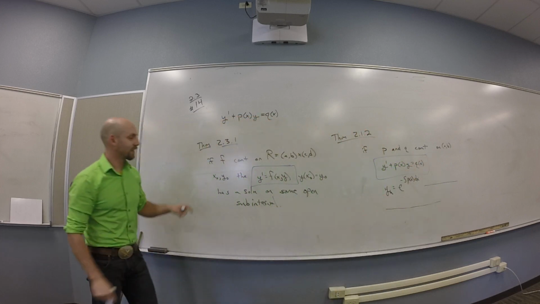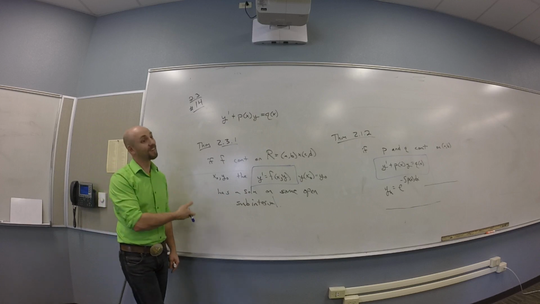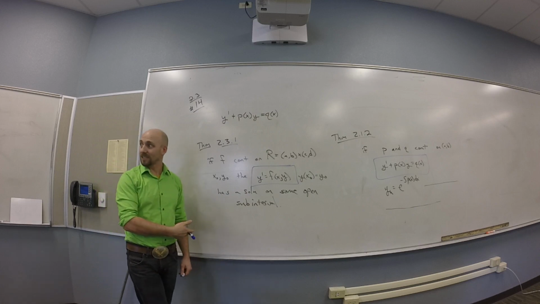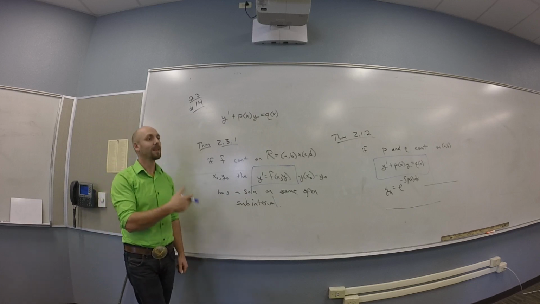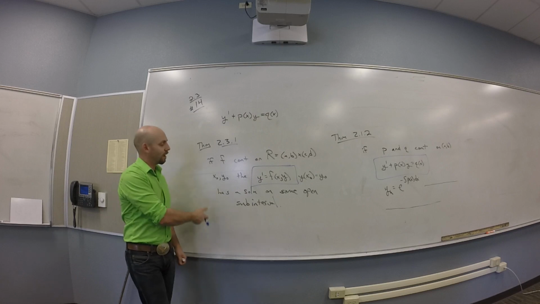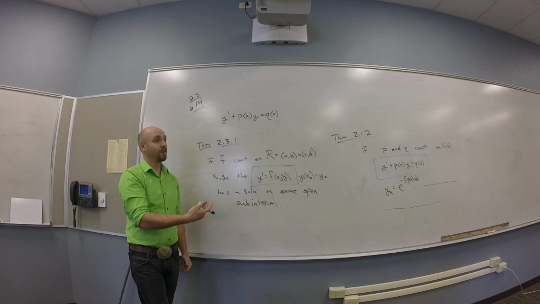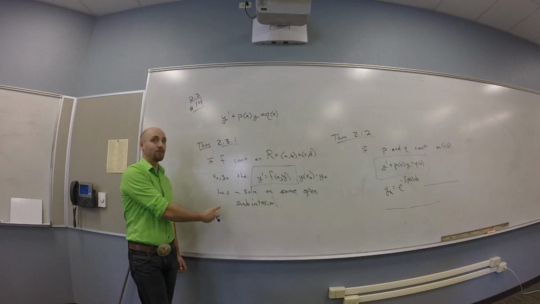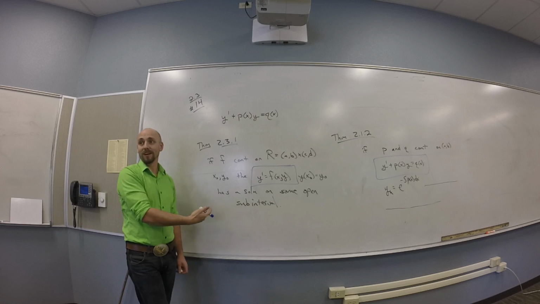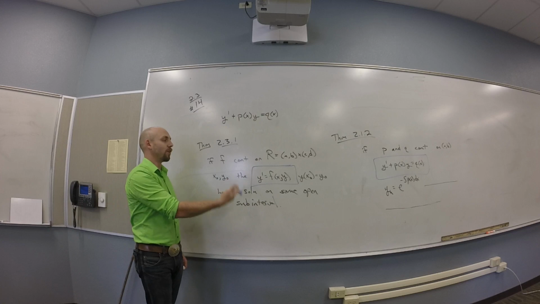And the reason I'm looking at this one and thinking that's a kind of weak sauce existence and uniqueness theorem is that, one, I don't even have the uniqueness part written up here, and two, it doesn't tell you how to get the solution at all. It just tells you there is a solution, and it doesn't tell you where it works. It just says it works for a little bit.